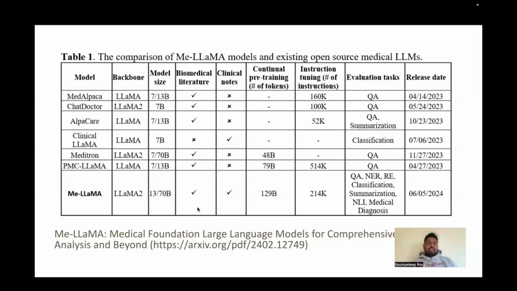One of the main reasons is that clinical notes are scarce. Slowly, de-identified clinical notes have come out, and MIMIC is one of the biggest sources, but it is not as much as the PubMed literature, right? So we can see a combination of both continual pre-training as well as simple instruction tuning approaches that have worked.